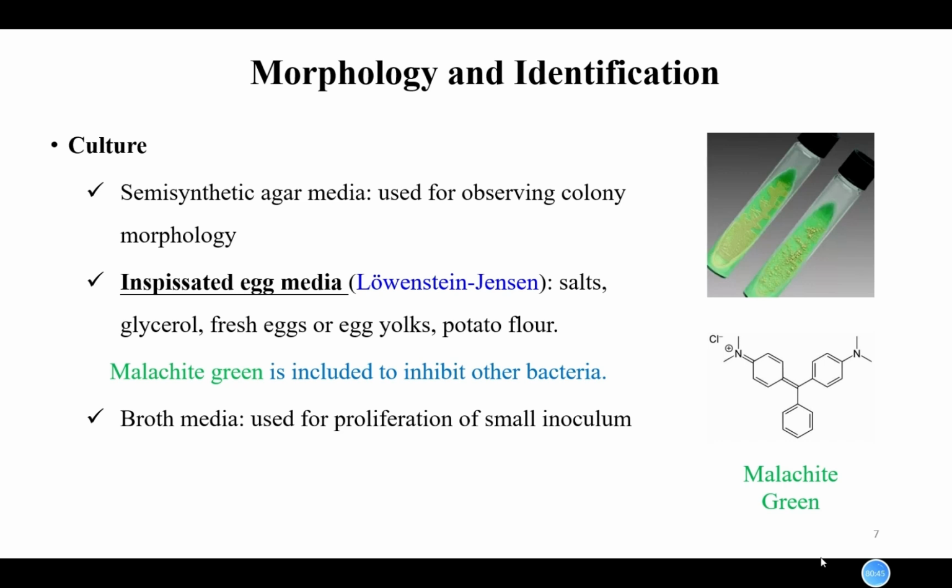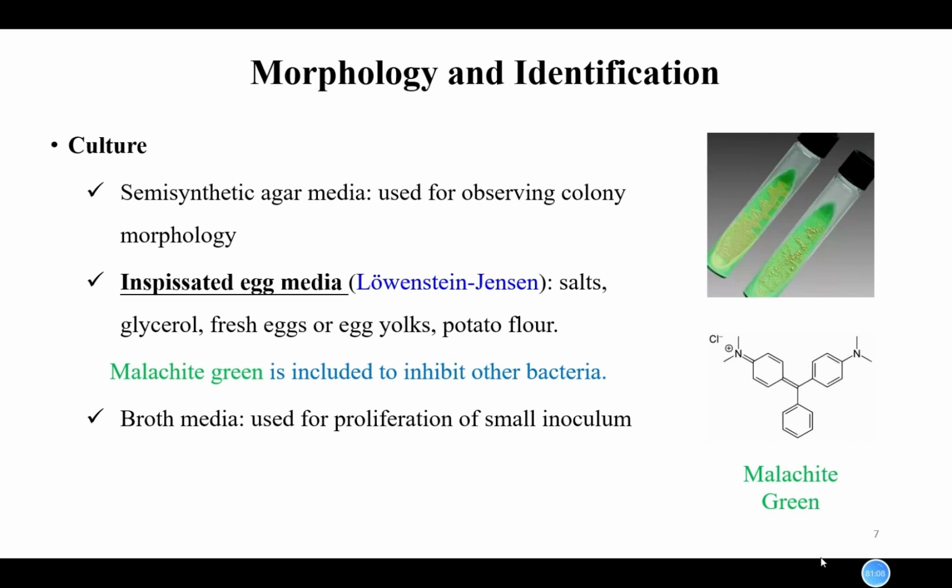Mycobacterium, we can culture them in the lab. We can use a semi-synthetic agar medium, or we can use an egg medium. This one we call the Lowenstein-Jensen medium. I used to make this medium in the lab when I was in college at your age.